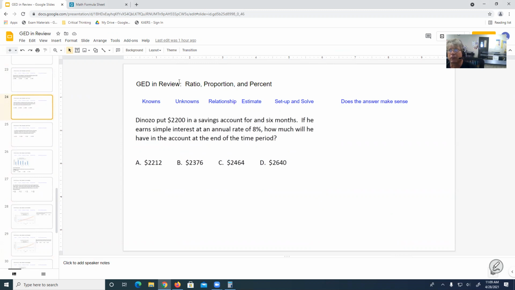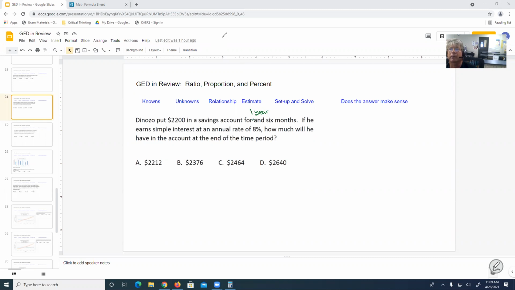So let's look at this question here. Denozo put $2,200 in a savings account for 6 months. That should be 1 year and 6 months. Got a typo. Hold on here. So it's going to be actually 1 year and 6 months.